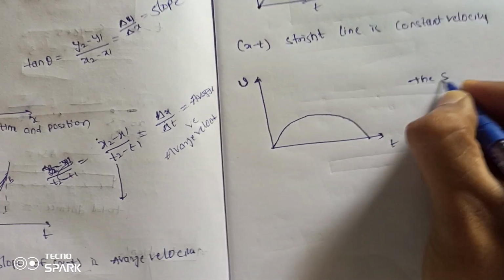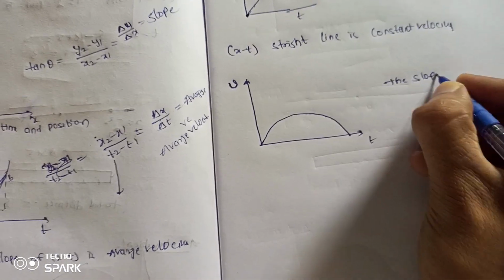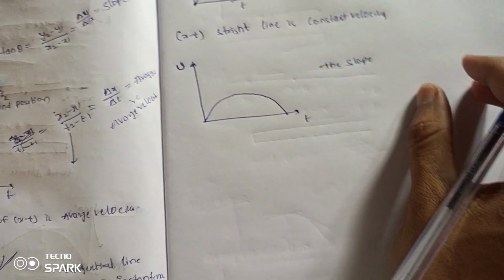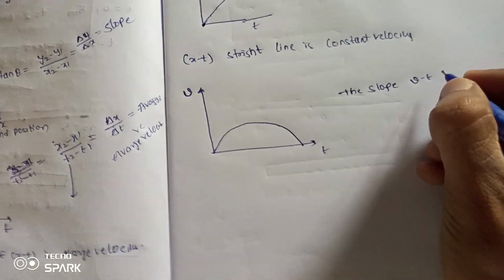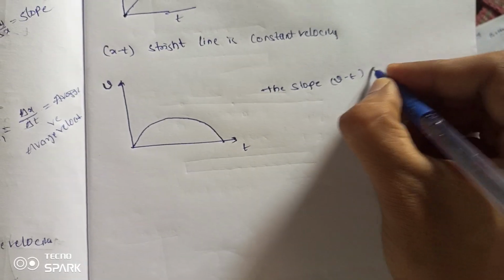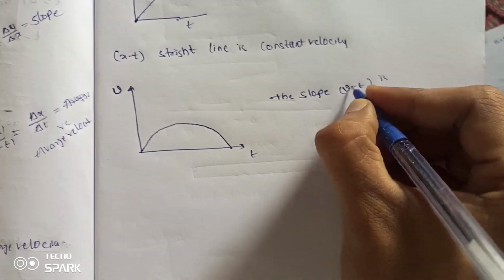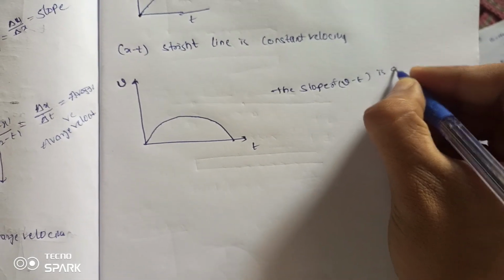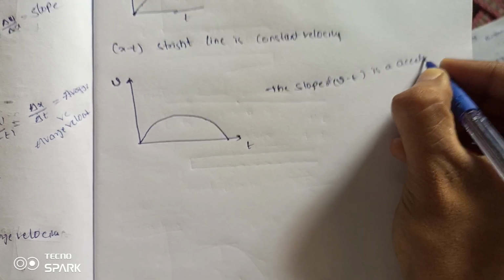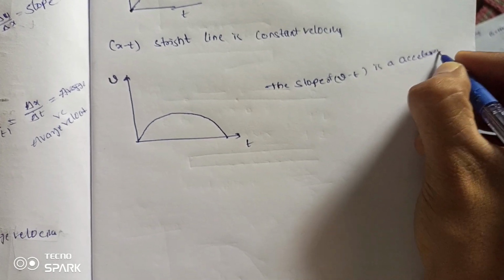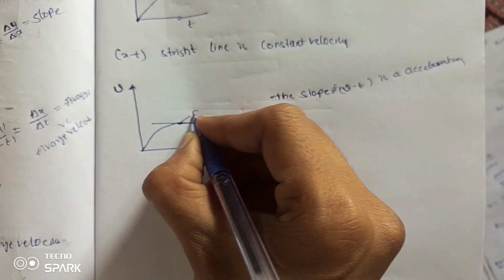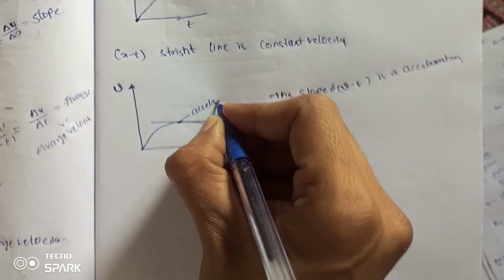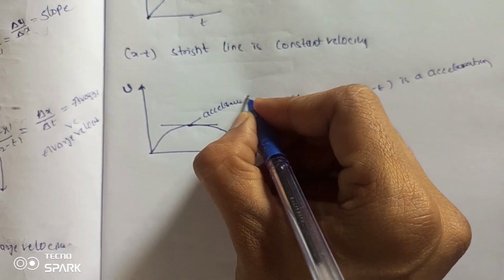The slope of the VT graph is the acceleration. That means in this case the slope is 0, so the acceleration is 0.